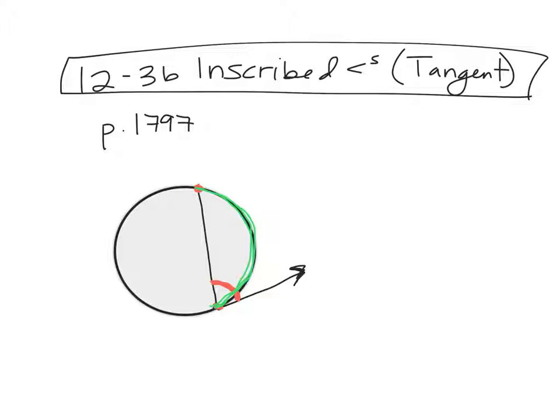So, like I said, the rule is the same. If this is B, we'll put a D here, and C, we would say the measure of angle C is going to be half of the measure of arc BDC. Okay, so you take that arc BDC, you cut it in half, and you get your angle.